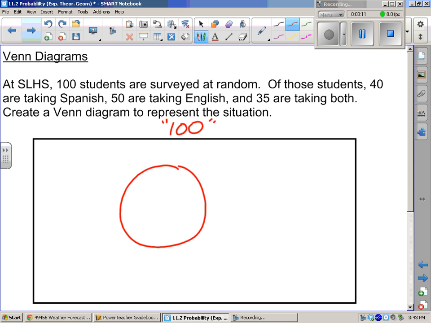So my first circle of the Venn diagram, I'm going to do the Spanish class. And the other circle, I'm going to do English. Now there are 40 taking Spanish, but remember, 35 are taking both. So where they overlap, we first put in our 35 to represent both. Now, to get to 40, I need to add 5 more.